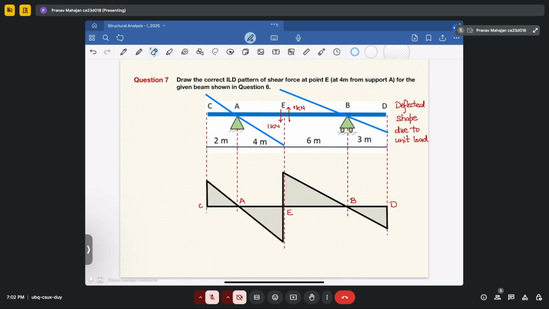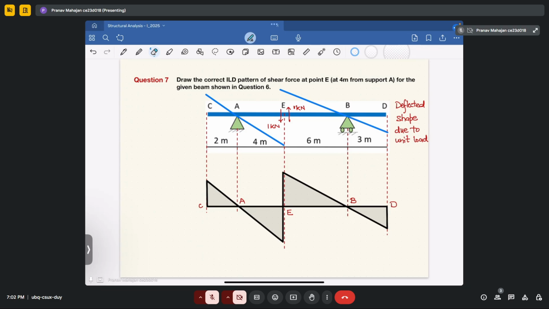So whenever you are expected to calculate shear force at one particular point, provide a unit shear at that particular point, then see what kind of deflection profile you will observe in that particular beam, and based upon that you will get the profile of the shear force diagram of the ILD at that particular point, that is C. Similarly, for the bending moment, as we have done in the previous question, you have to apply a unit moment in both the directions at that particular point where you are expected to calculate the bending moment.